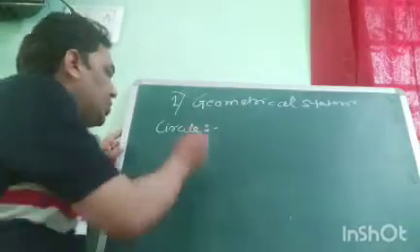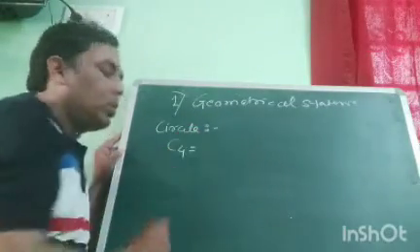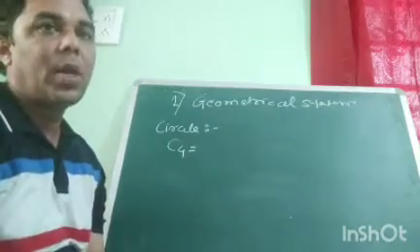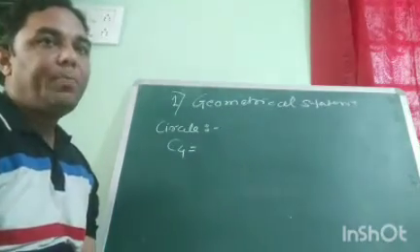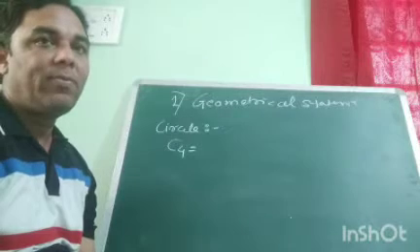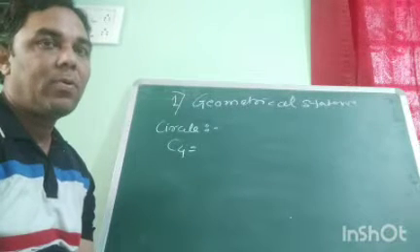Now the circle C4 is a circle which passes through the intersection of line L1 and L2.